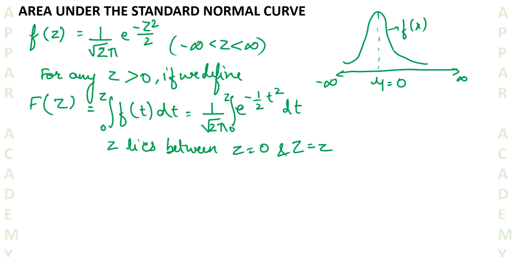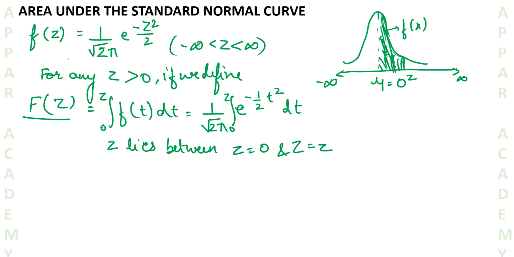And since this is a curve, if this is 0 and let's suppose this is the point z, can we say that this area is being represented by this capital F of z? We are saying this F of z represents the area under the standard normal curve where z lies between 0 and z. Why? Because this f of x is our density function which is giving us probabilities. We all know that the area under the standard normal curve represents the probability. So this is also the probability.